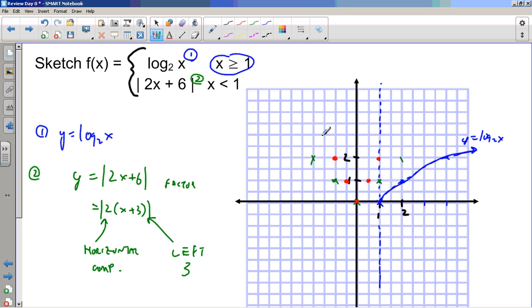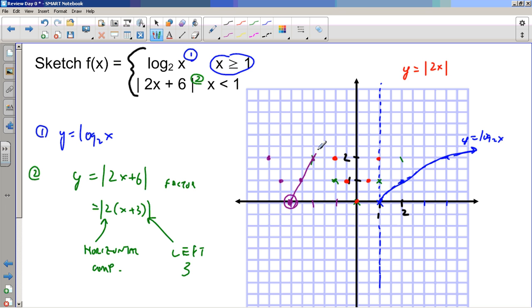So this red one now, and I'm not going to draw it in because I need to do the next part. This red one would be this function, right? But now I'm going to move this one to the left 3. 1, 2, 3, and each of these points can be moved left 3. 1, 2, 3. Watch your scale. Or I could think of just moving the starting spot and then going from there.